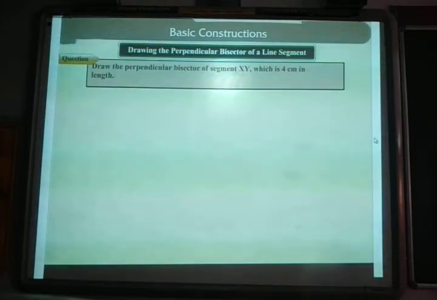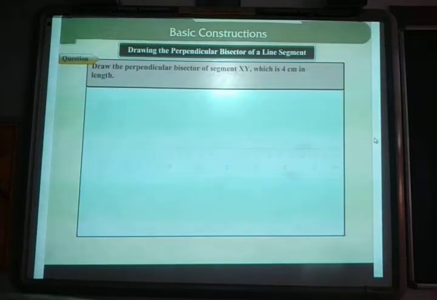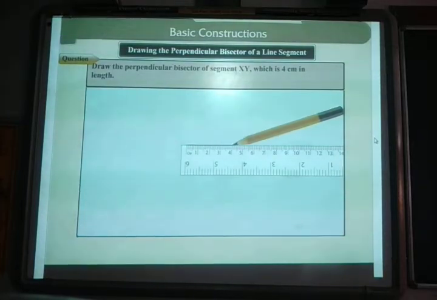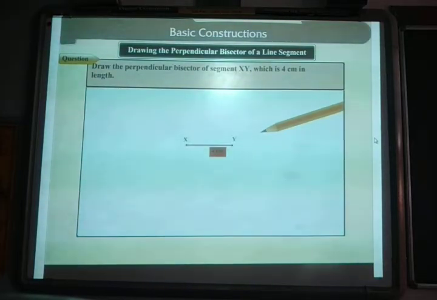Let's practice. Draw the perpendicular bisector of segment XY, which is 4 centimeters in length. Draw segment XY of length 4 centimeters. Stretch the compass to a span that is more than half the length of segment XY, that is more than 2 centimeters.